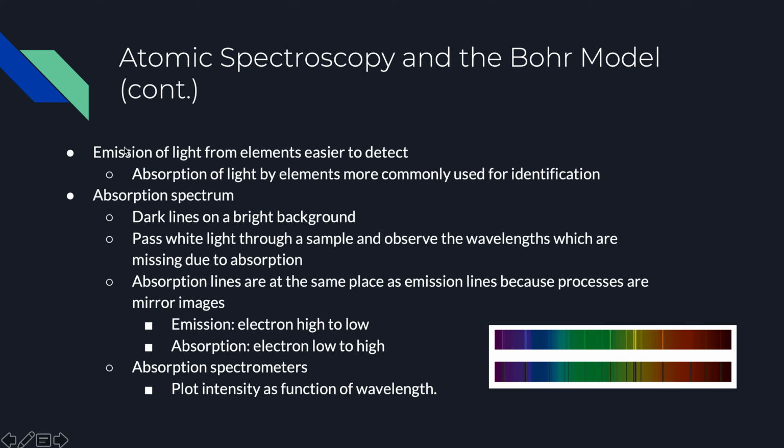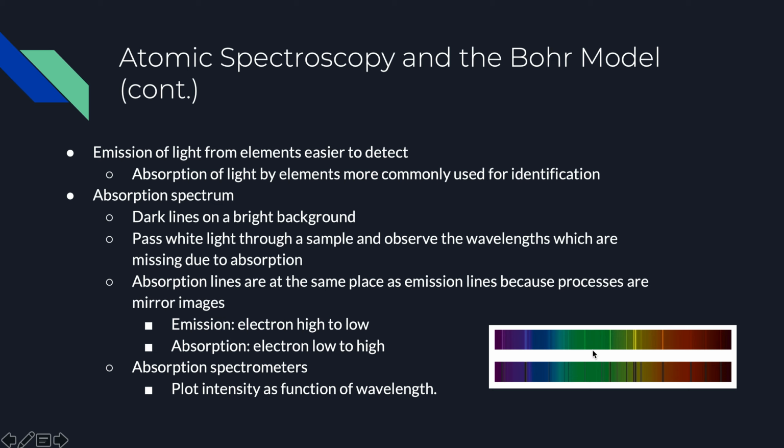While emission of light from elements is easier to detect, absorption of light by elements is more common for identification purposes. This is called an absorption spectrum, which is dark lines on a bright background. You pass white light through a sample and observe the wavelengths which are missing due to absorption. You can see there are dark lines here on a bright background; these are the missing wavelengths. These absorption lines are in the same place as emission lines because the processes are mirror images.